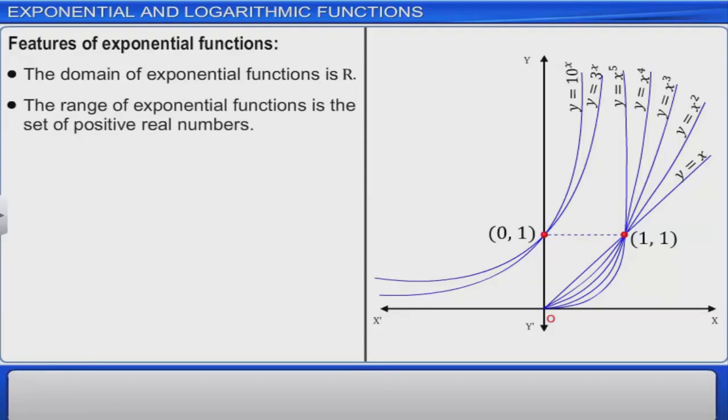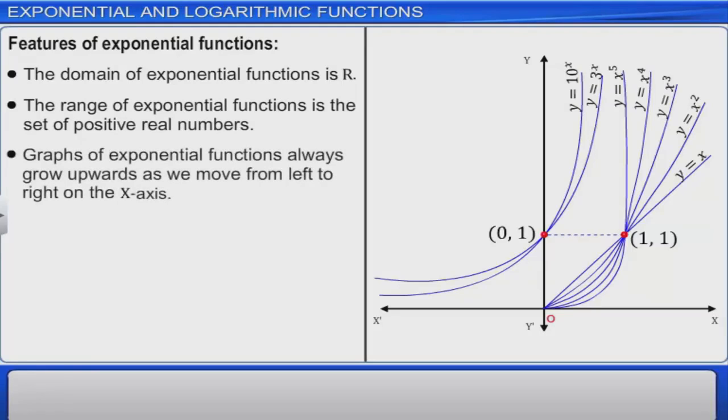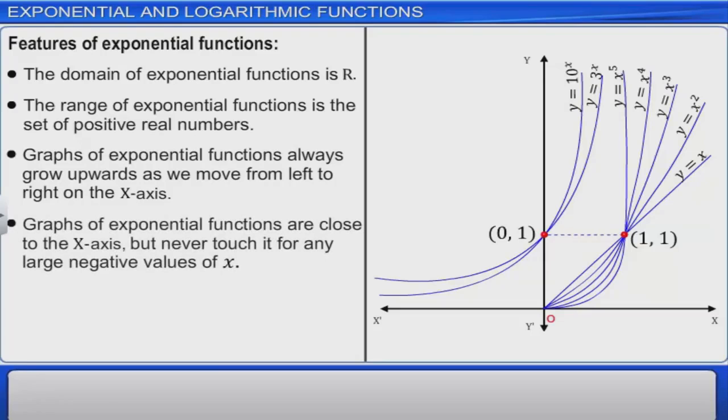Graphs of exponential functions are close to the x-axis, but never touch it for any large negative values of x. Point 0, 1 is always on the graph of any exponential function. This is because b raised to the power 0 is always 1 for any real number b greater than 1.